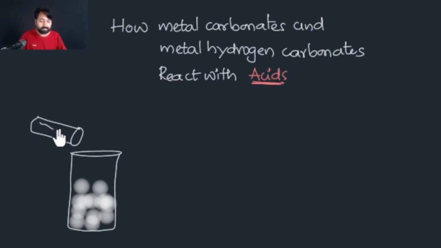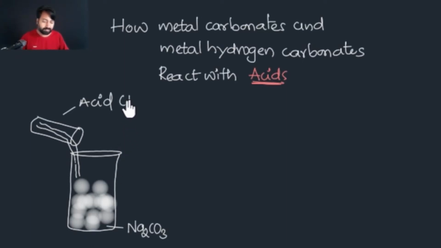I'm pouring the acid in. Let me write here, acid. And this is some metal carbonate. Take sodium carbonate, Na2CO3, as the metal carbonate. The acid I will take is HCl, hydrochloric acid.